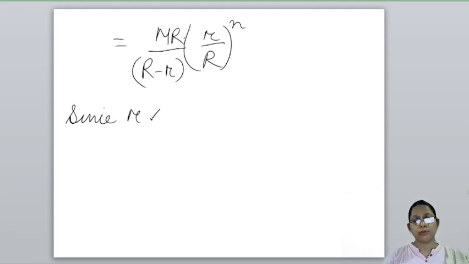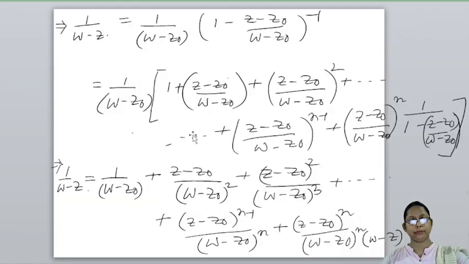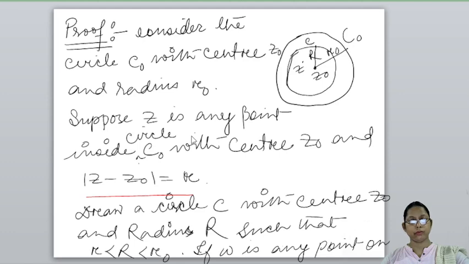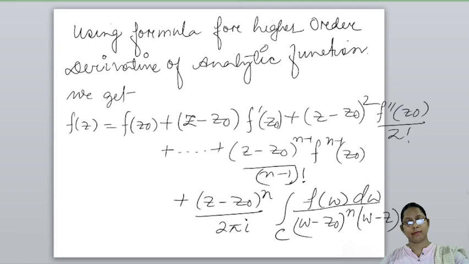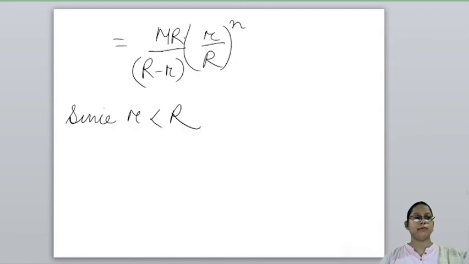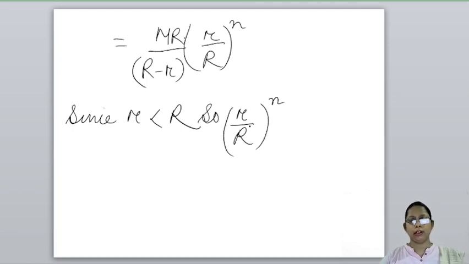Since our small r is less than capital R, we have assumed it in the beginning, r by R is less than 1, and consequently this will converge.